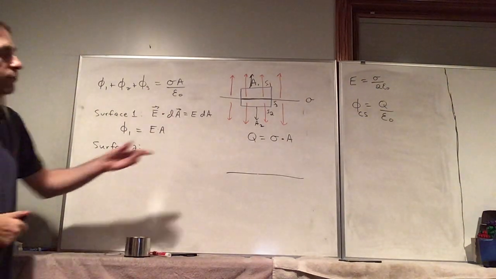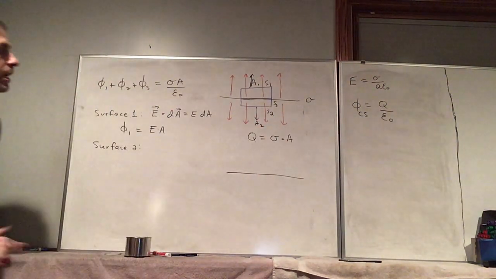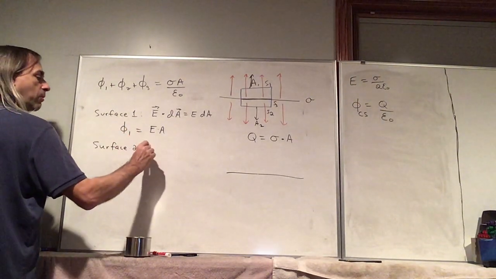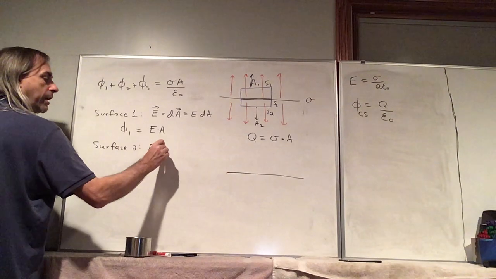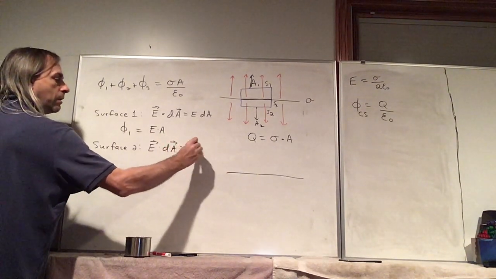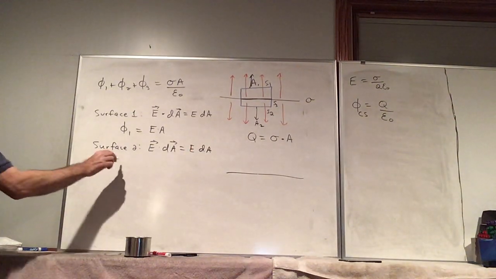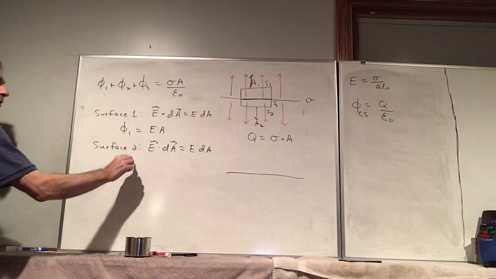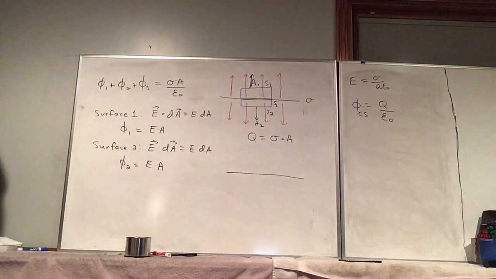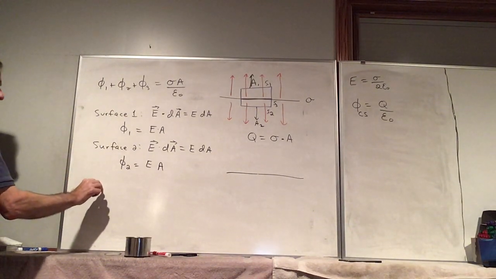And again, just like before, the area 2 vector and the electric field are parallel to each other. So for surface 2, we also have that condition that E dot dA is just E times dA. And just like before, the flux through surface 2 is going to be E times A. So now let's look at surface 3.